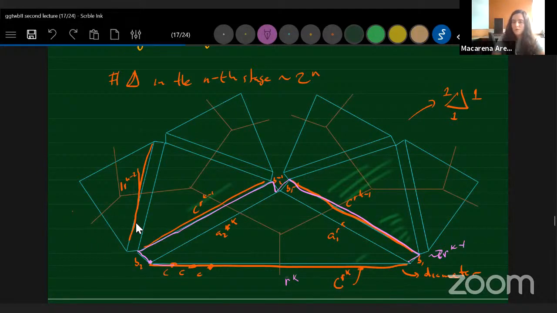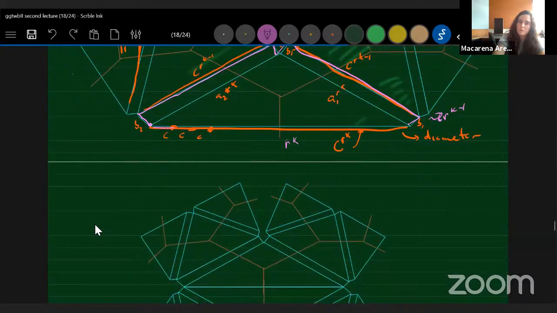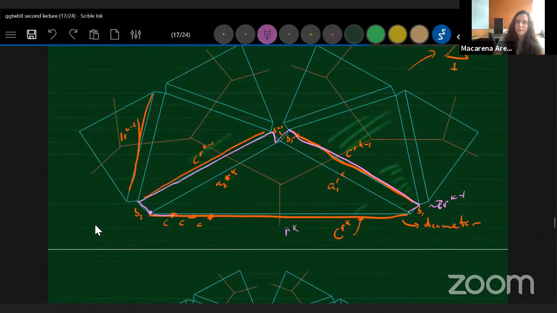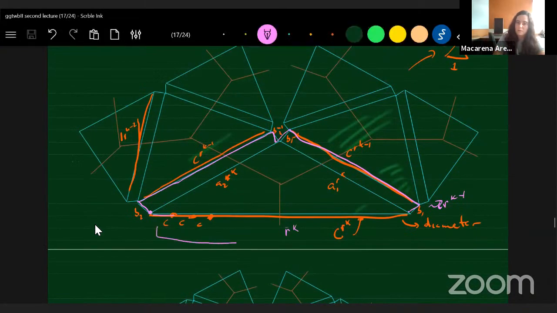So for K large enough, R to the K is larger than 2 times R to the K minus 1. And when we continue this process, we're shortening the path at each stage. The way this is useful is because we can glue two copies of this diagram together to get rid of the long edge, the diameter here.